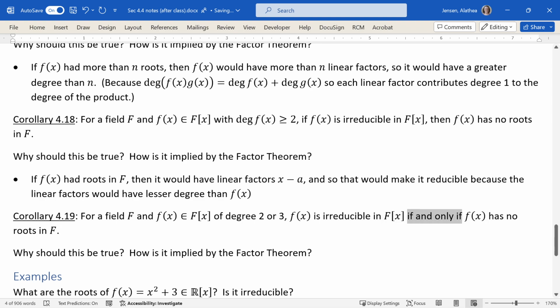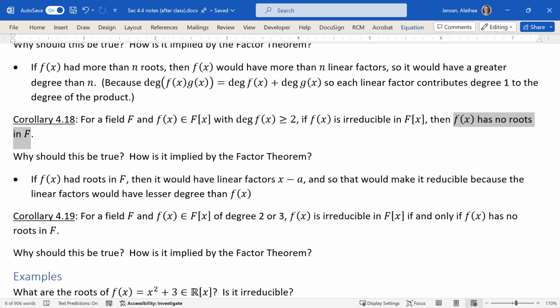So in the last one it was saying reducible implies no roots, but no roots doesn't necessarily imply irreducible. You can have no roots and still be reducible. You may just be reducible to like 2 smaller polynomials that themselves are irreducible, that don't have any roots.